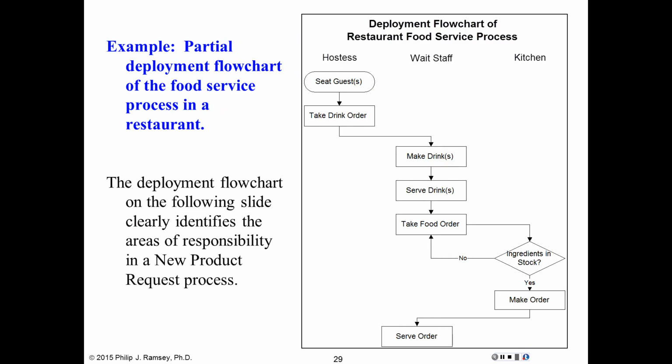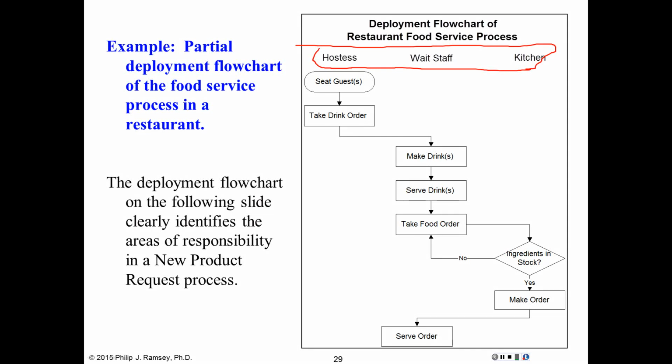Okay. So notice the idea of the deployment flowchart. What happens with a deployment flowchart is that you keep track of all the different areas, or some people call them jurisdictions, that are part of the process.